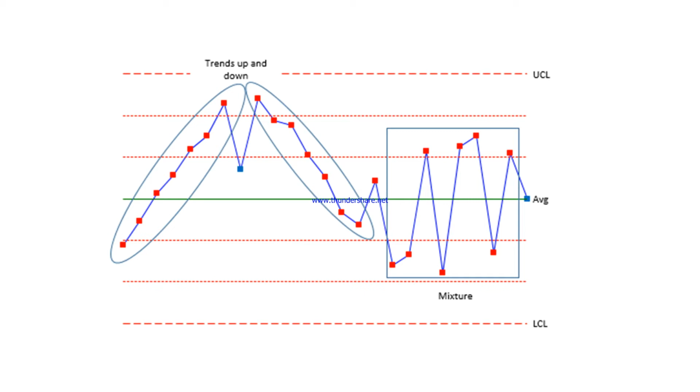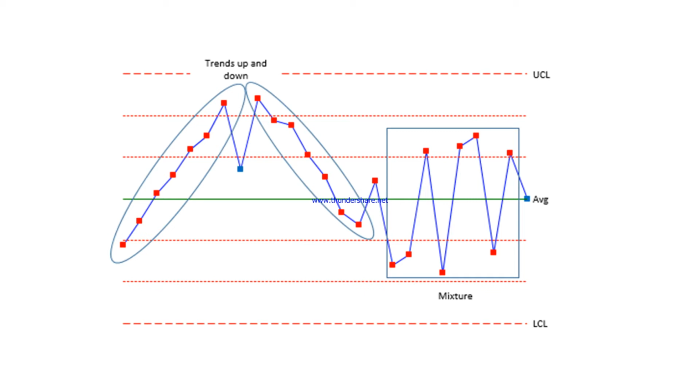Sometimes when we observe the control charts, we will see some patterns. For example, if you look at this given chart, in the first part of the control chart you can see an upward trend, and then there is a downward trend, and then there is a mixture of upward and downward trends.